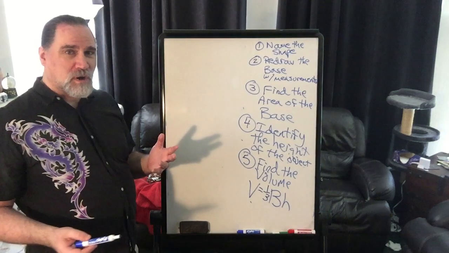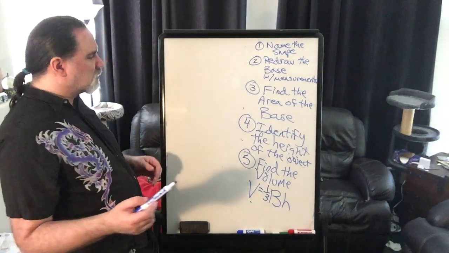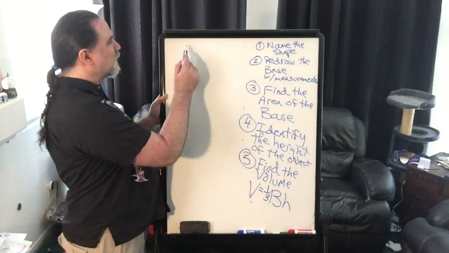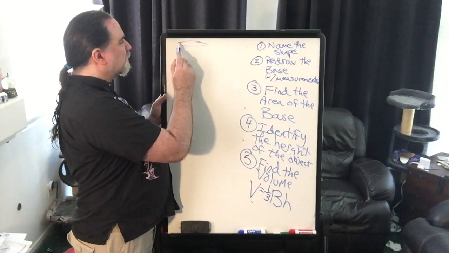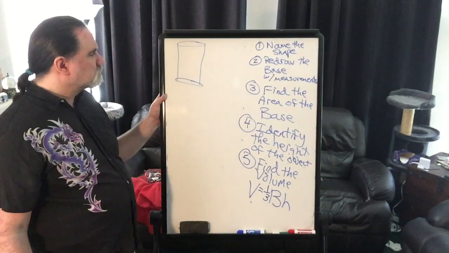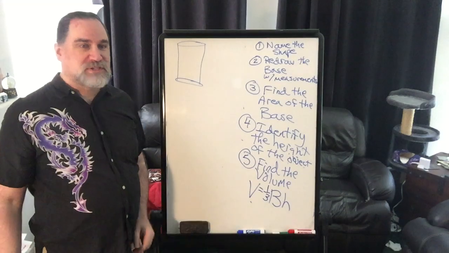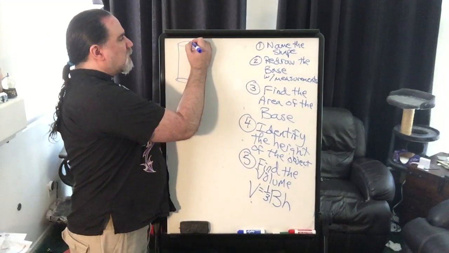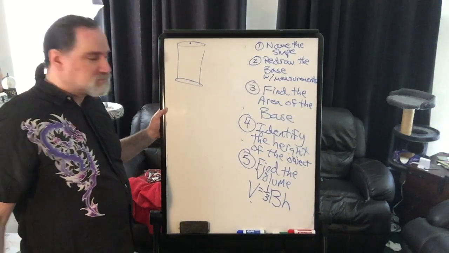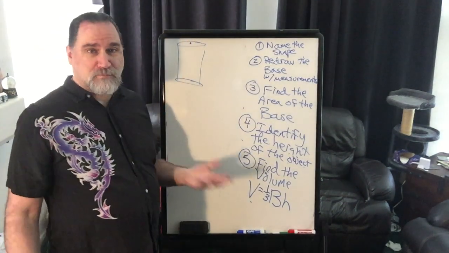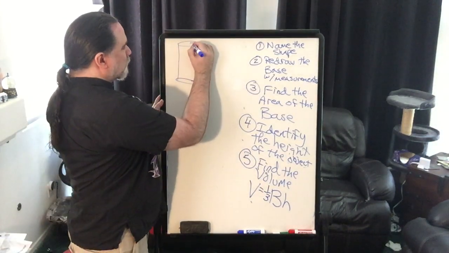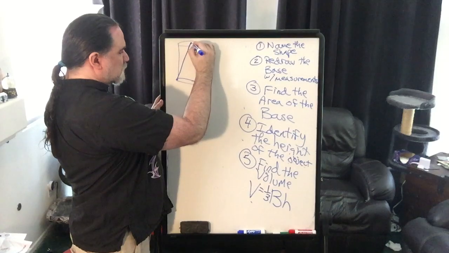So let me show you why it's 1/3. And I think it's funny, it's always easier to demonstrate this with a cone. So if I take a cylinder, we know how much that holds, base area times height. If I put a little dot right here, that's going to be my point, because a cone goes from a circle to a point, and I draw this to the corners of the circle at the bottom.